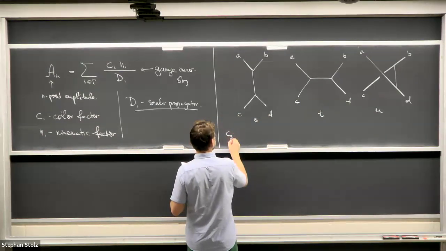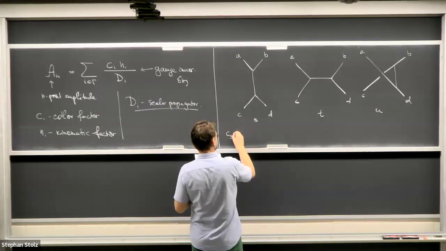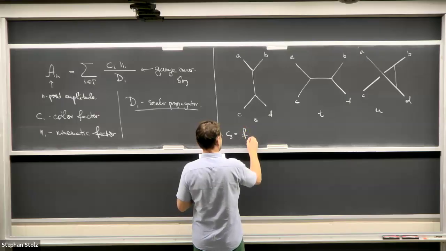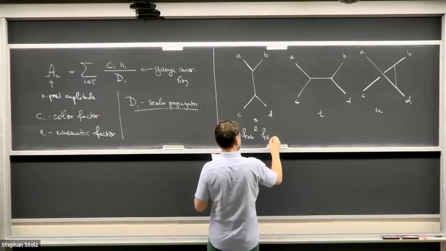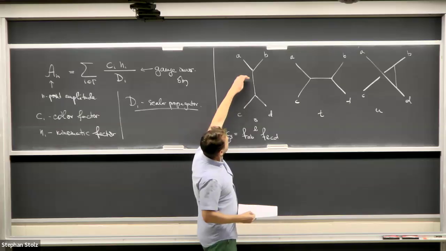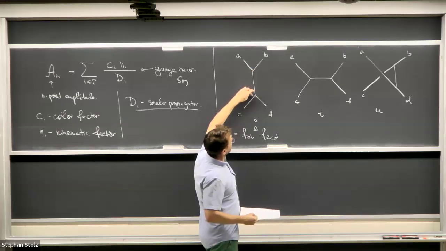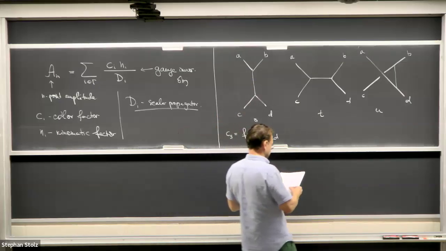If I write this attached to this graph, this will be just a construction of structure constants: f^{abl} f^{lcd}. I'm putting on every vertex a structure constant with all indices down, and I'm using the internal edge to contract with the metric. So this is the starting thing.